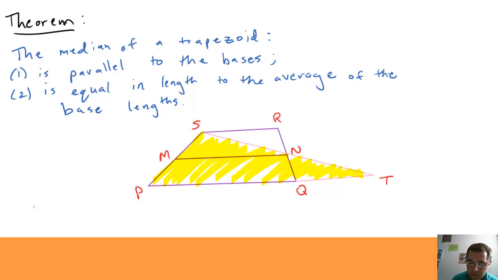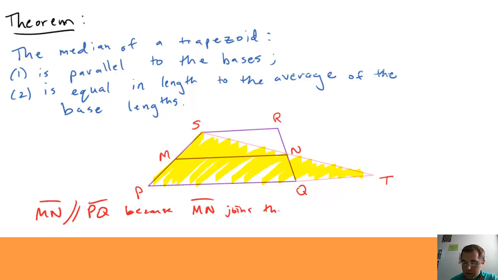So by that theorem, MN is parallel to PQ because MN joins the midpoints of 2 sides of triangle STP.